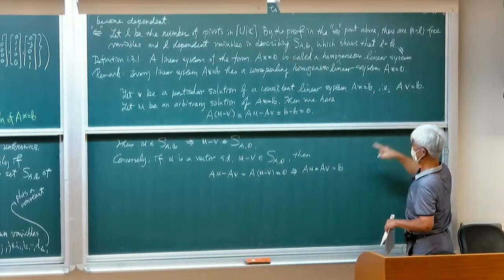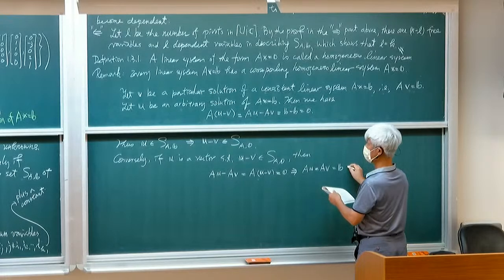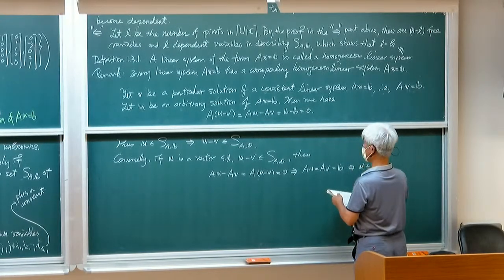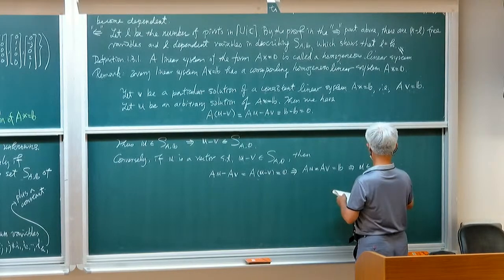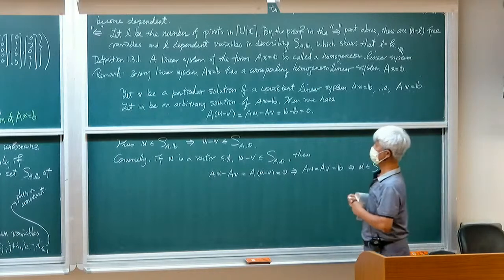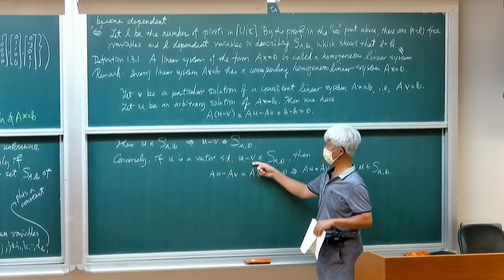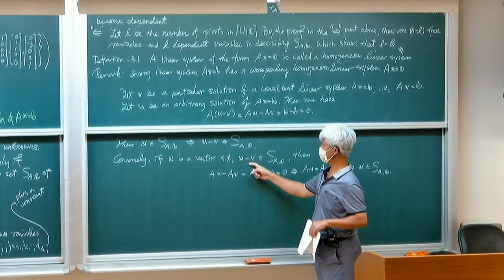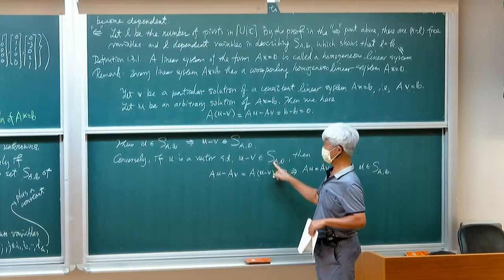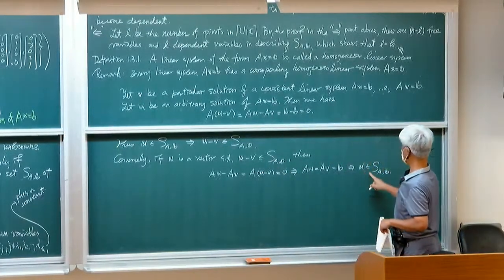So AV equal to B. So this implies that U is in the solution set. Okay? So if U is a vector such that the difference is in the solution set of the homogeneous linear system, then U is in here.